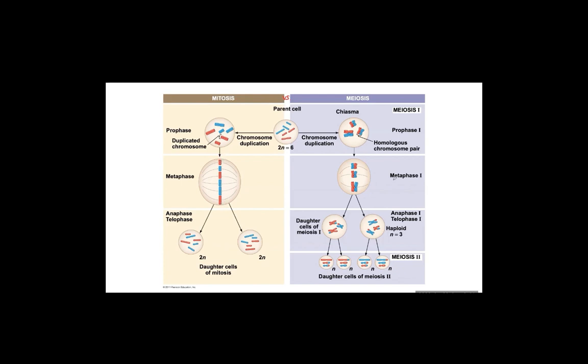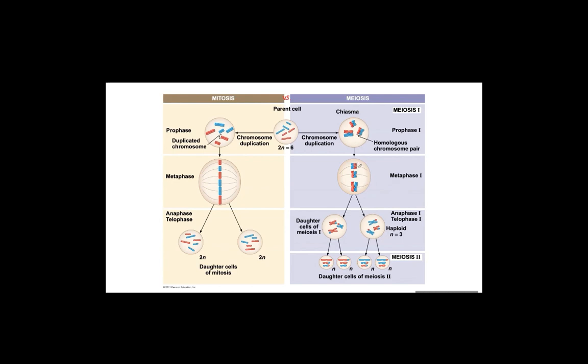And the same thing, in metaphase 1, a pair of homologous chromosomes line up at the center of the cell. Now, in mitosis anaphase and telophase, the sister chromatids just separate and move into two daughter cells. And each daughter cell has the same chromosome number as the parent cell.